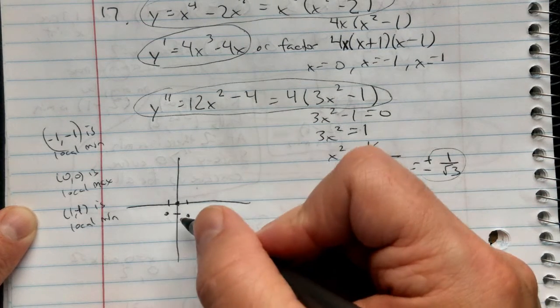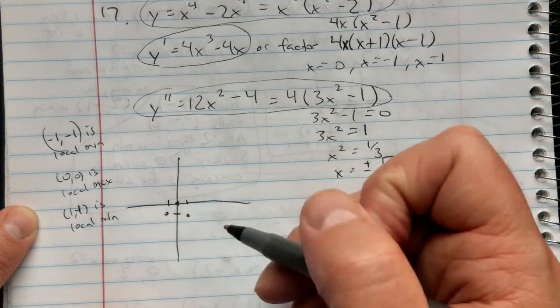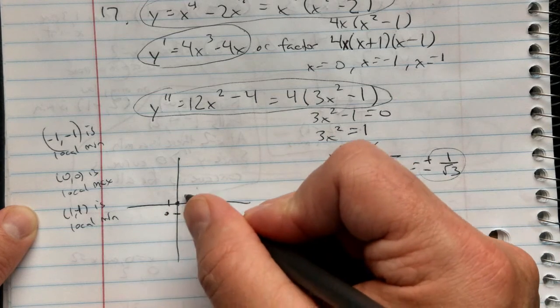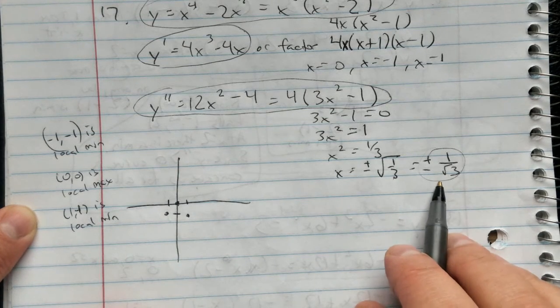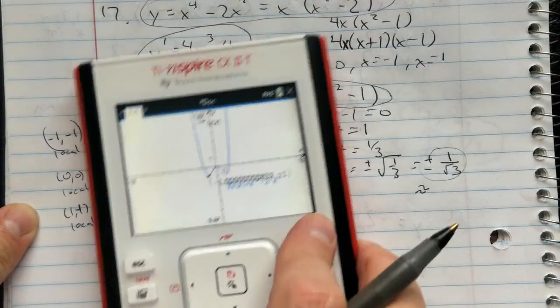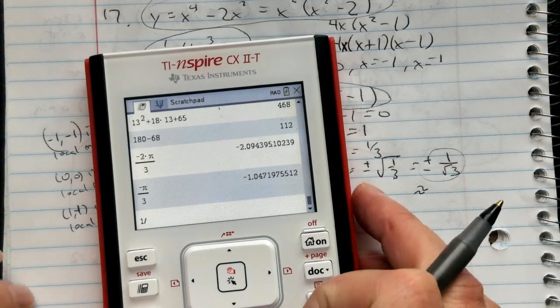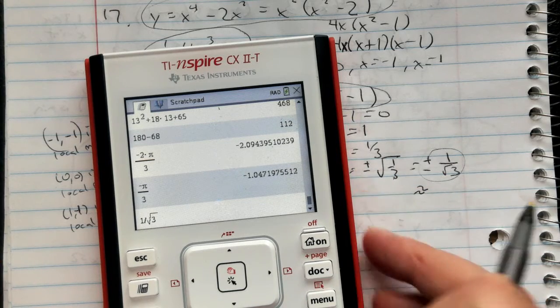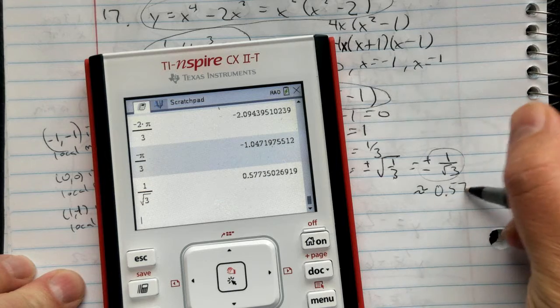And so that's the curve. Now between here was that inflection point, which we're using this value. So 1 over square root of 3 is approximately 0.577.